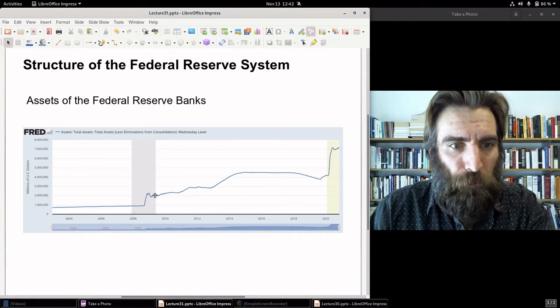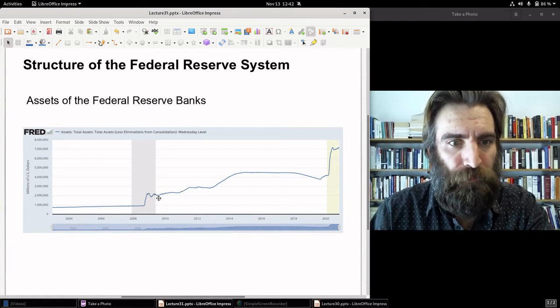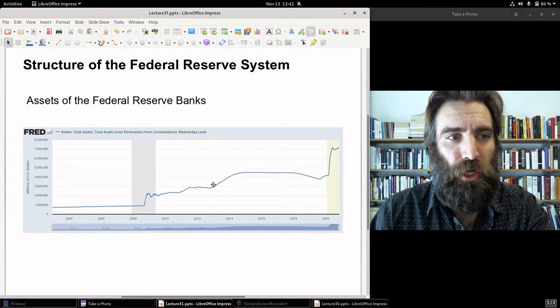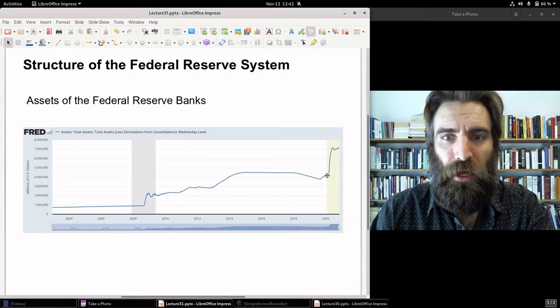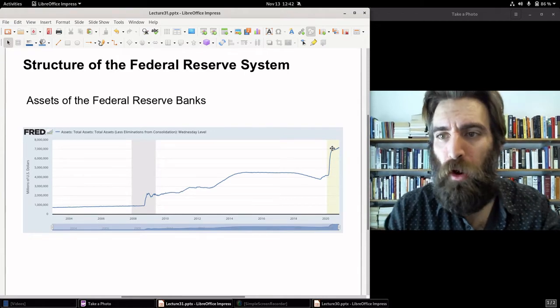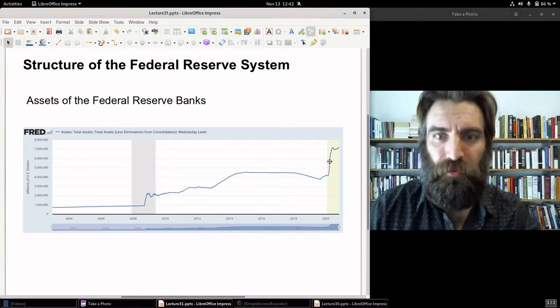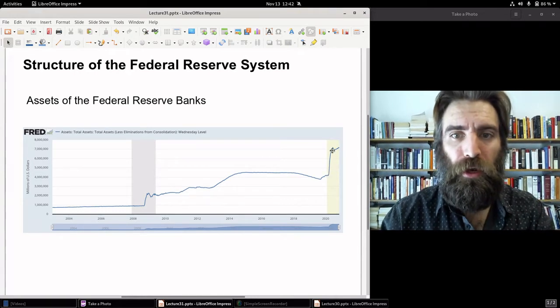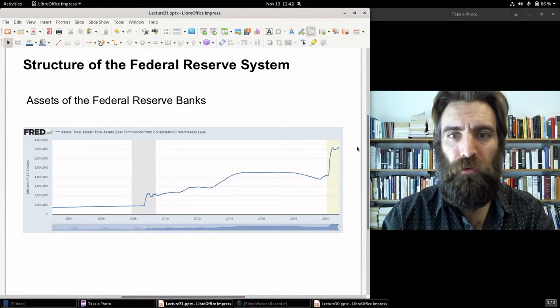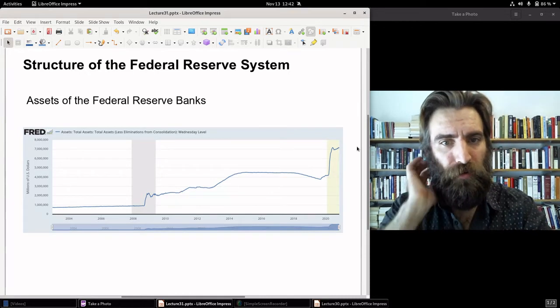Then there was a big jump in 2009, and you're talking about $3 to $4 trillion. The balance sheet really went up, and then it's hovering around $4 to $5 trillion, and then look at that, just a huge spike in March of 2020, where it went from under $5 trillion to over $7 trillion of assets.